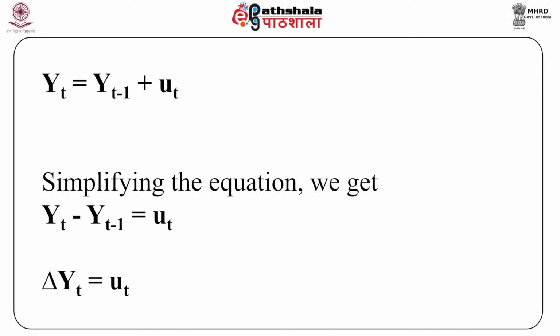So simplifying this equation, we may get yt minus yt minus 1 equal to ut. What we have done is only taken yt minus 1 to the left hand side. Now this can also be written as delta yt is equal to ut. Now any series generated by pure random walk is equal to white noise if it is a first difference equation.